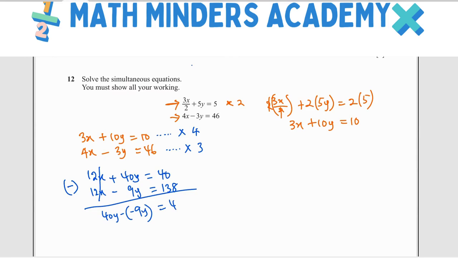This is 40 minus 138, okay? So this will give us 40y plus 9y, and this is going to give us minus 98. This is 49y equals minus 98.